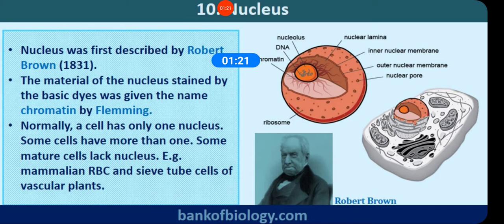Similarly, it is there in the sieve cells of vascular plants also. Except for a few cells, the RBCs of humans and sieve cells of vascular plants do not have a nucleus within their cell. Fine. So you can see the structure.